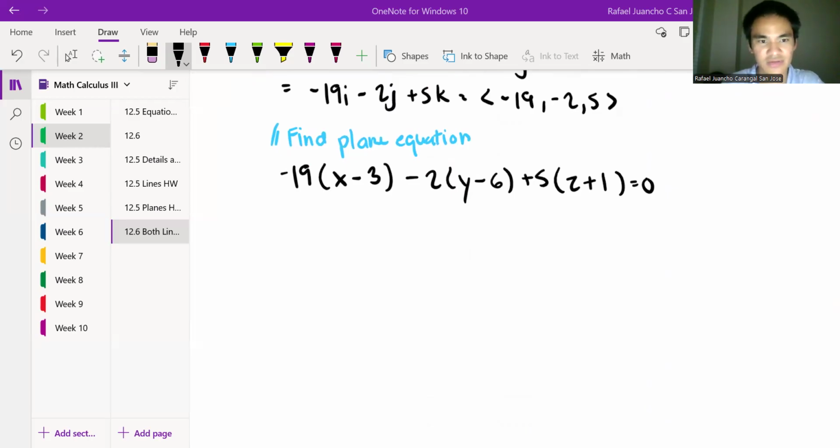This is positive. Yeah, okay, cool. Negative 19 minus 2 plus 5, x minus 3, y minus 6, z plus 1. Okay, cool. Let me double check. Okay, let's see if we got it. Fingers crossed, hopefully. Got it.